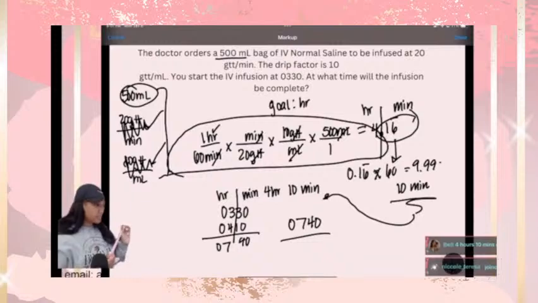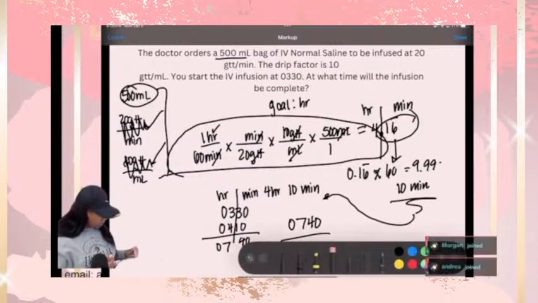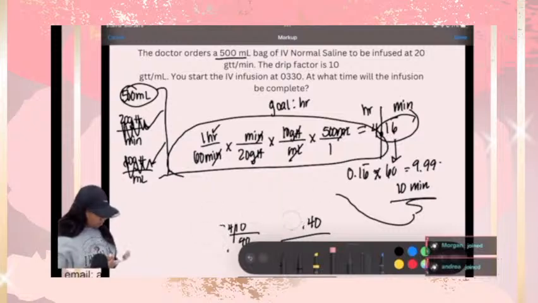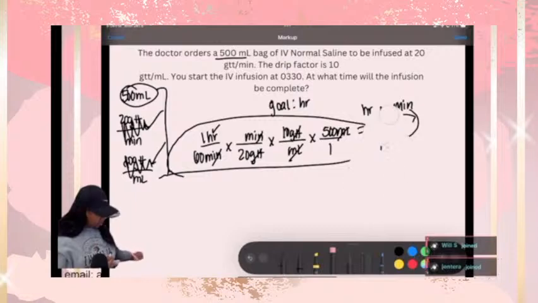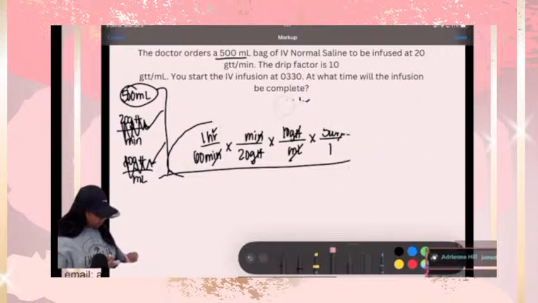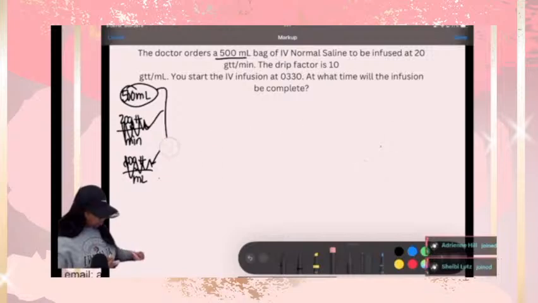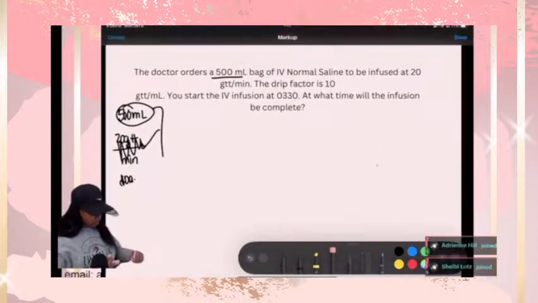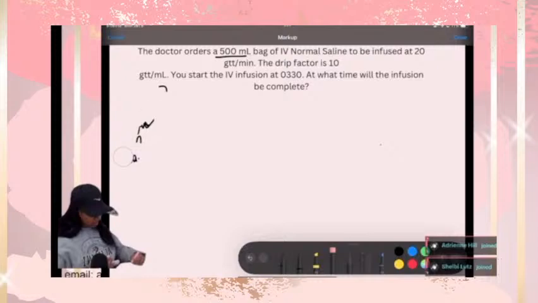But Ashley, let me show you what I did. So I'm gonna erase some of this. Erase, erase, erase. Might as well just erase the whole thing. Okay.